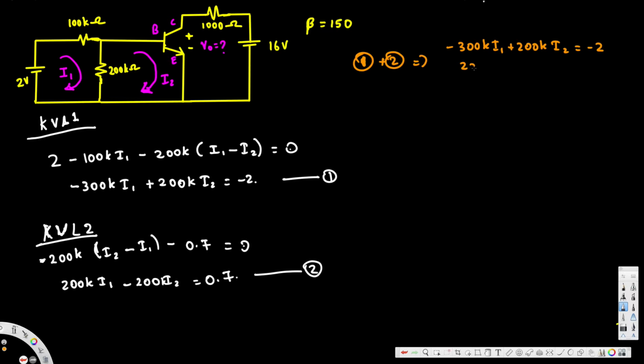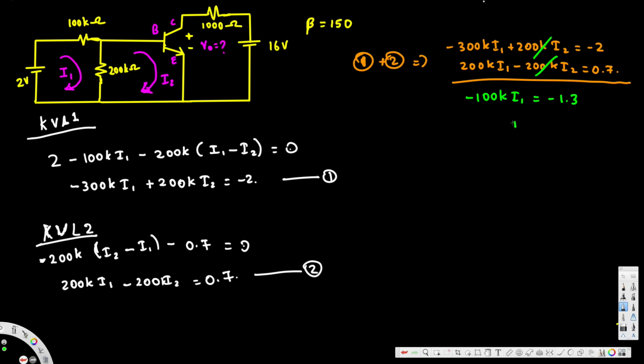And this is going to be 200k I1 minus 200k I2, that's equal to 0.7. And when we add these two together, these two are going to cancel, and here we are going to get negative 100k I1 is equal to negative 2 plus 0.7, that's going to be negative 1.3.